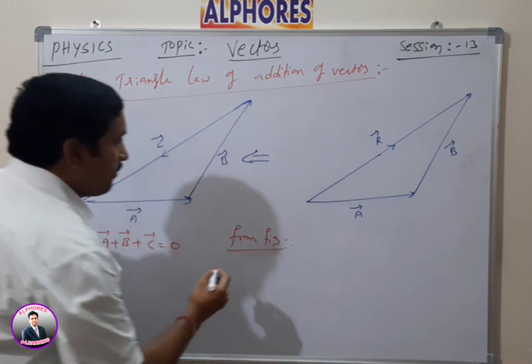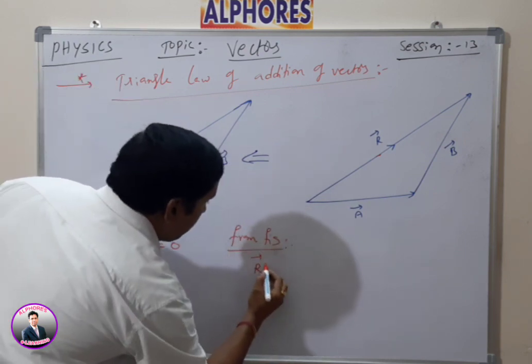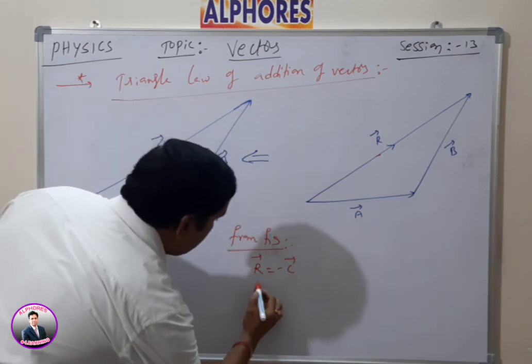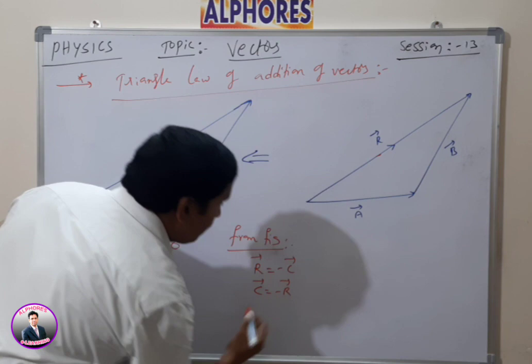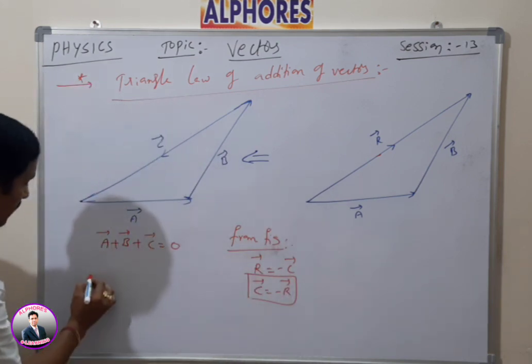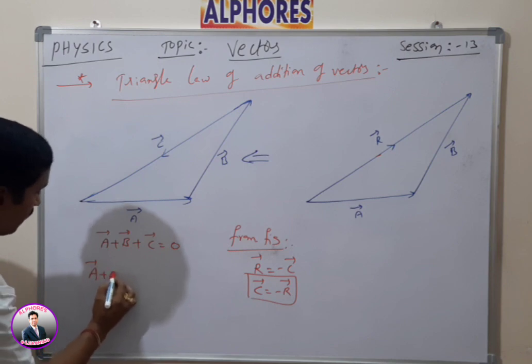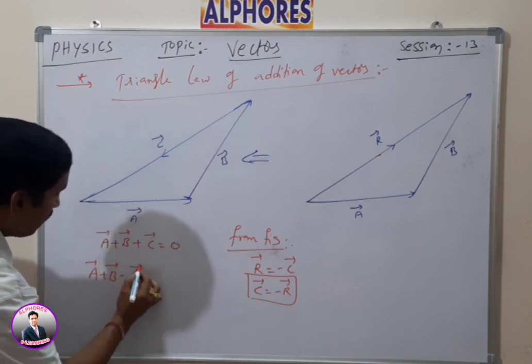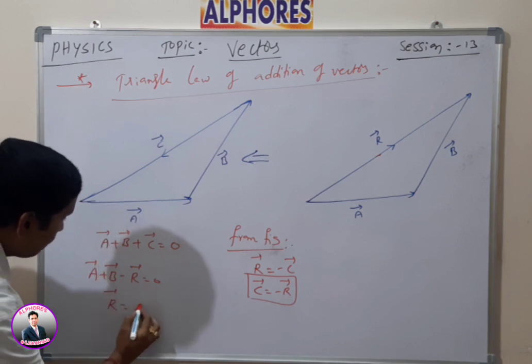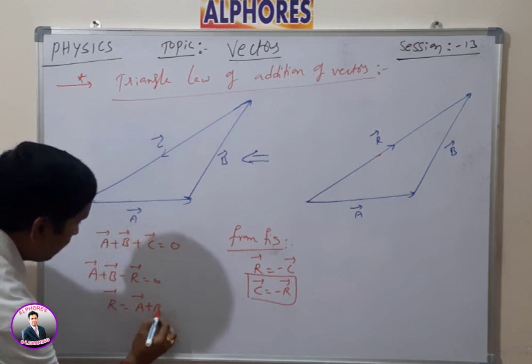That's why R bar is equal to minus C bar, or C bar is equal to minus R bar. So in this equation, A bar plus B bar minus R bar is equal to 0. Therefore R bar is equal to A bar plus B bar.